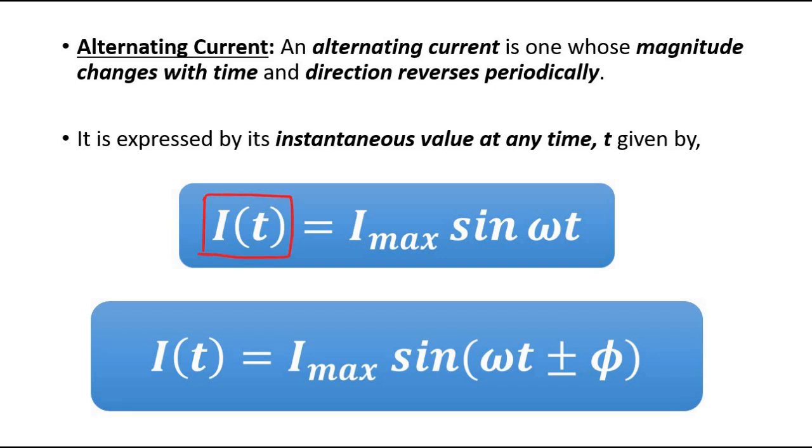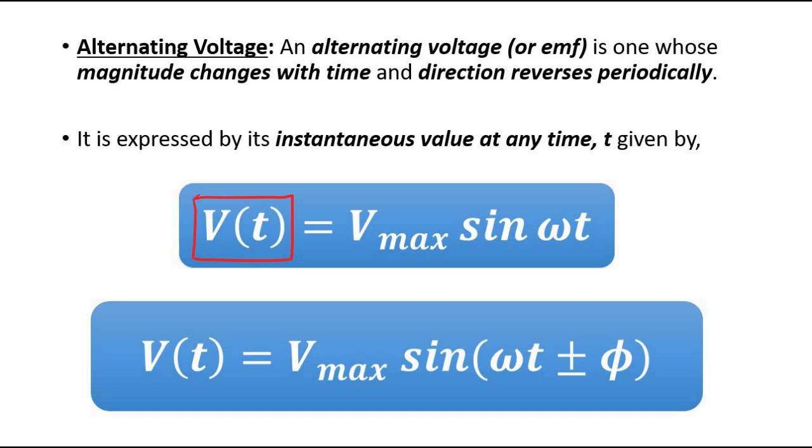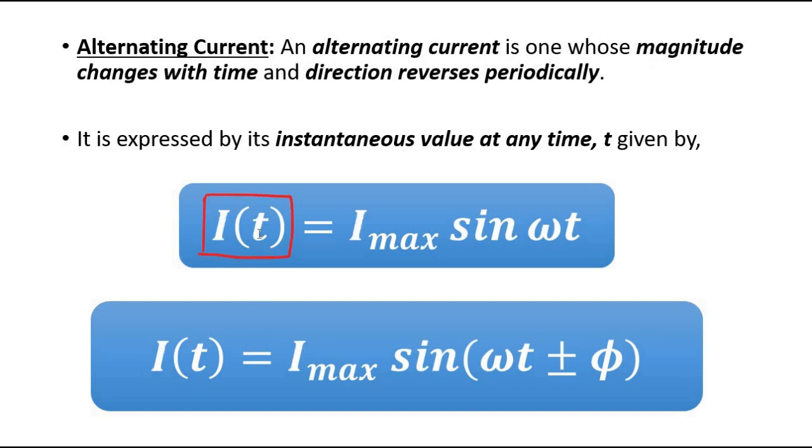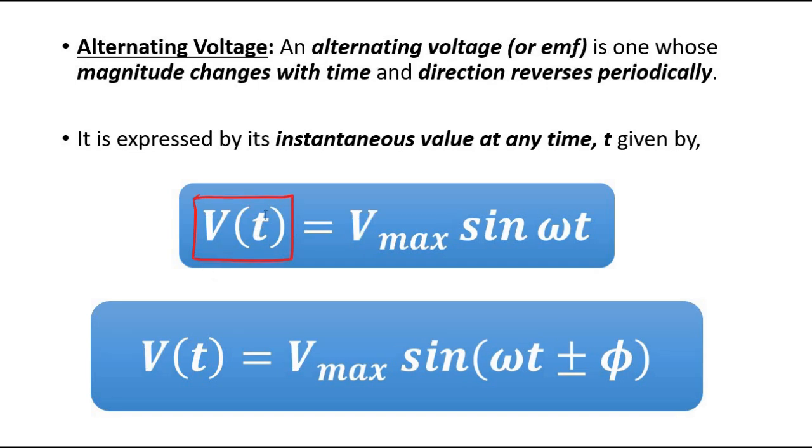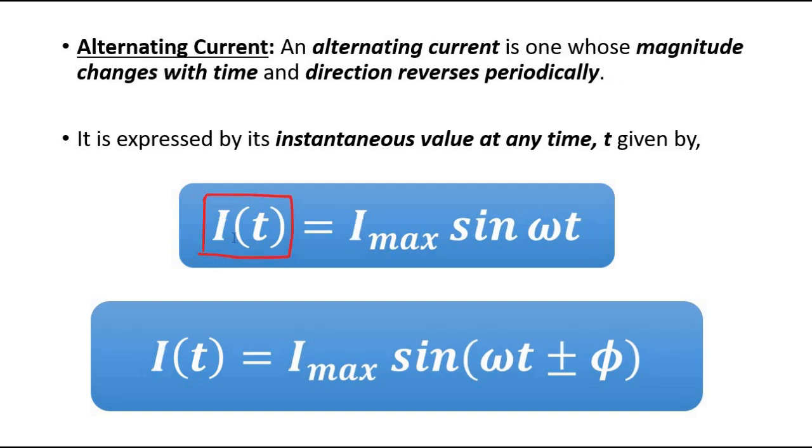This is the instantaneous value of voltage, and this is the instantaneous value of current. The value of the voltage at a specific time instant t is expressed as Vmax sin omega t, and the value of the current at a specific time instant t is Imax sin omega t.